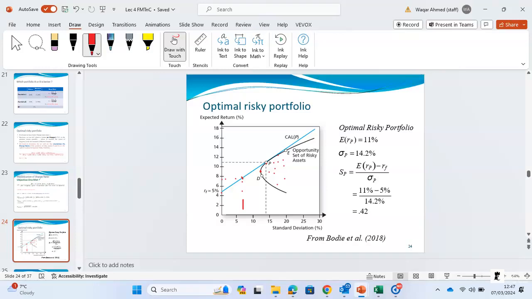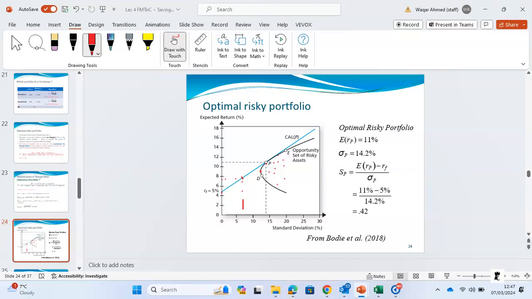How can you go up? How can you go above this point P? So you can hold the portfolio at any point on this blue line, right? At the bottom of it, you put 100% in the risk-free asset.